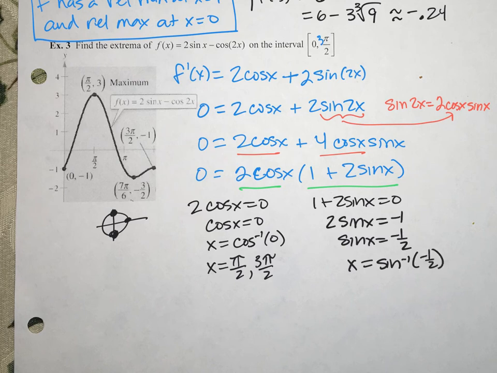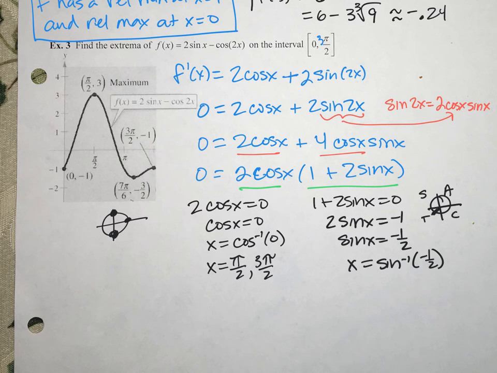Okay, in other words, where would we have angles whose sine is negative 1/2? If you remember, that can only happen in quadrants 3 and 4.